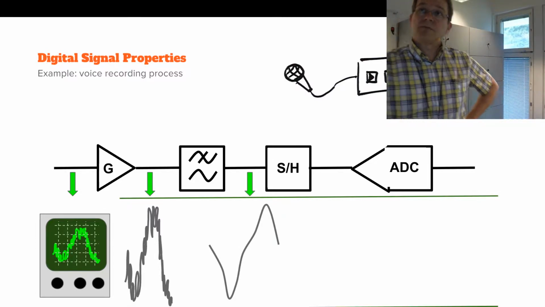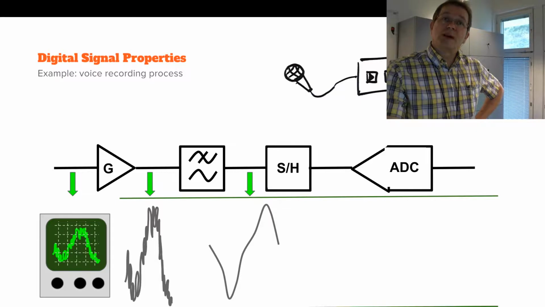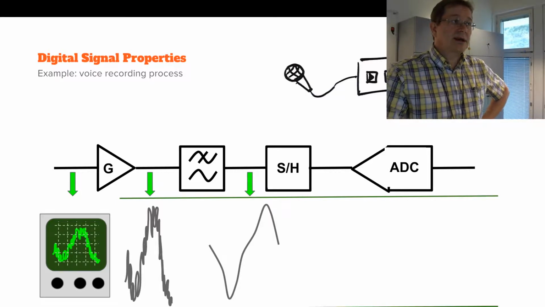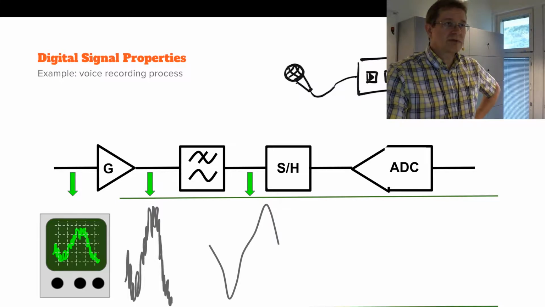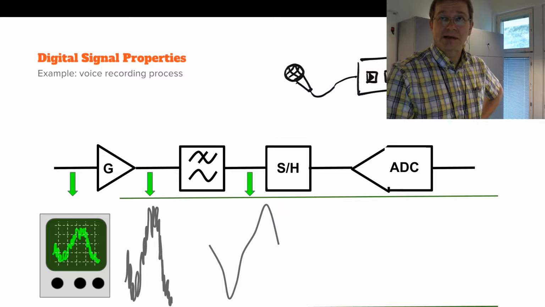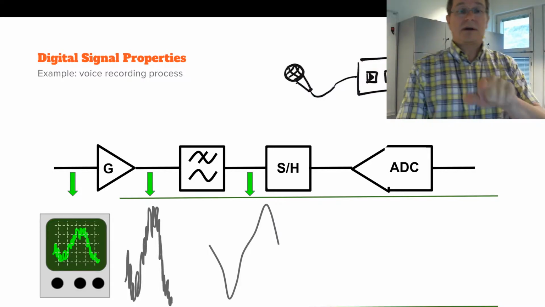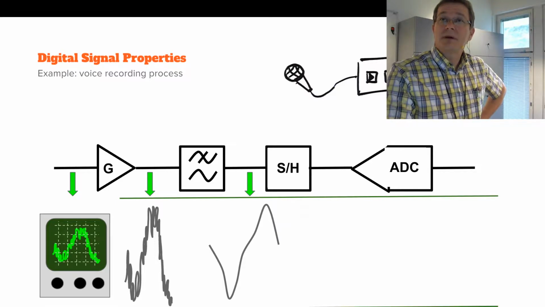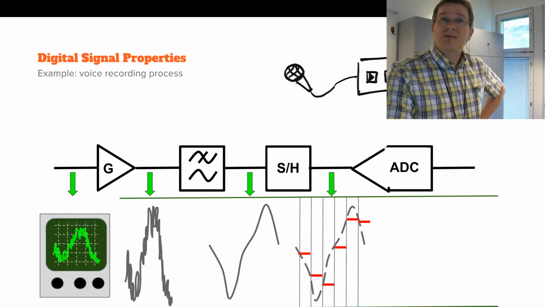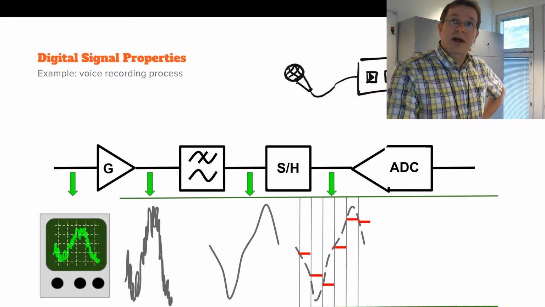Okay, the next block was the low pass filter. That takes care of the high frequency noise for obvious reasons. It's about aliasing of the signals. I think I have a good example of aliasing later on. What do the sample and hold circuits actually do?